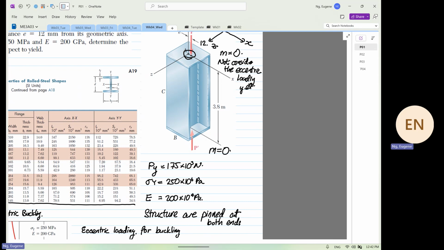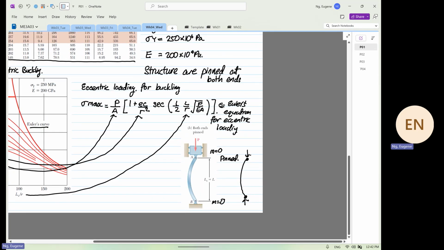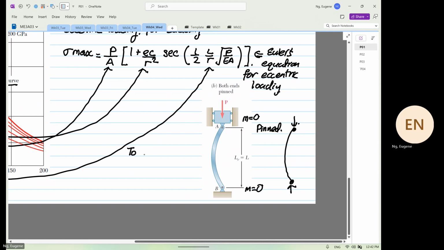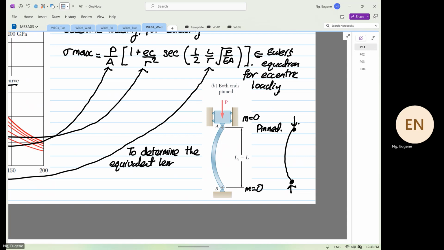Repeat again, if you want to determine the equivalent length, analyze the fixturing based on centric loading.